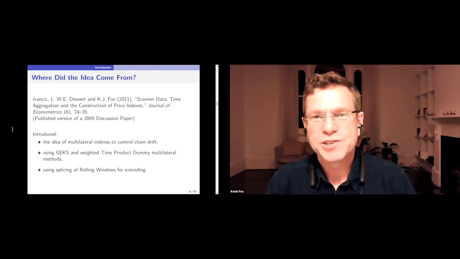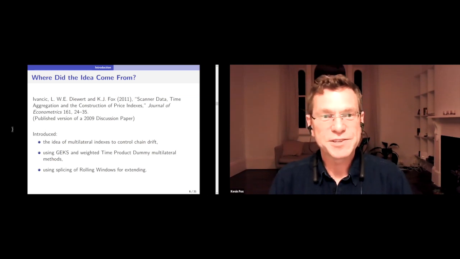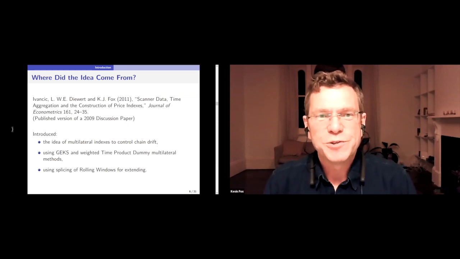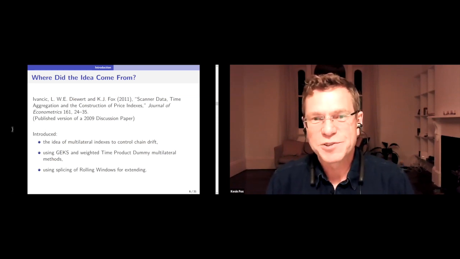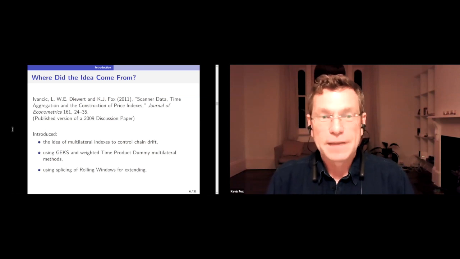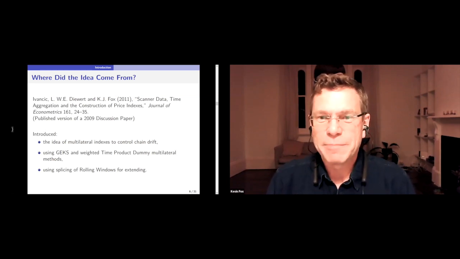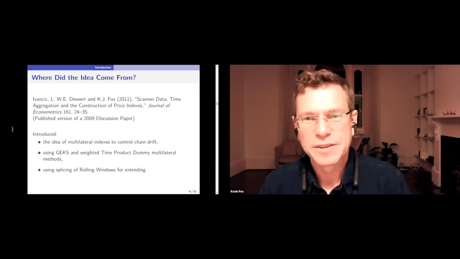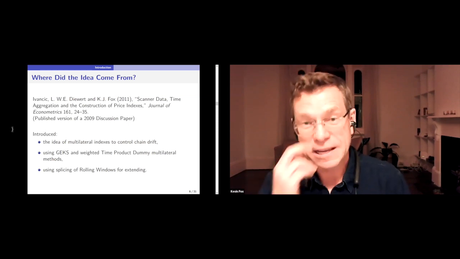Ivancic was my PhD student at UNSW, and this work came out of her PhD thesis. So what this paper did was introduce the idea of multilateral indexes to control chain drift using the GEKS and time product dummy multilateral methods, and using splicing of rolling windows for extending the indexes.